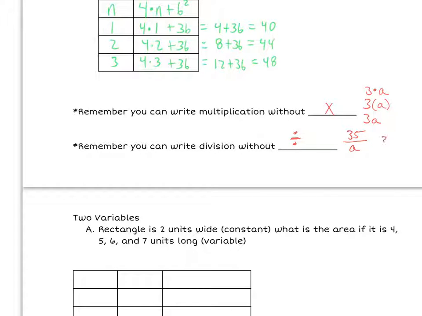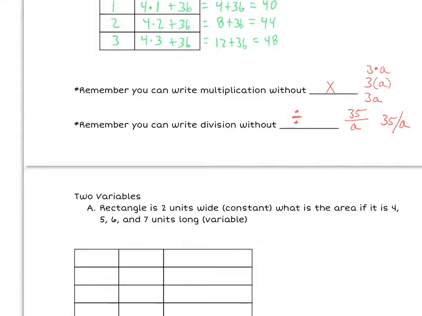You could also say, as Aiden said, 35 divided by A, with a slash like that. So just a couple different ways that will show up. I don't think the last division one shows up in your homework, but I know all these other ones do show up in your homework. Okay? So just remember those.